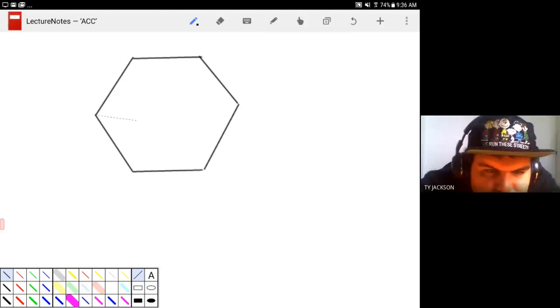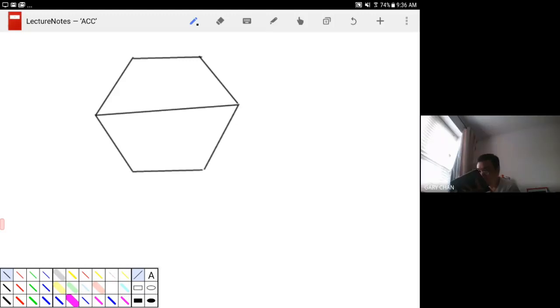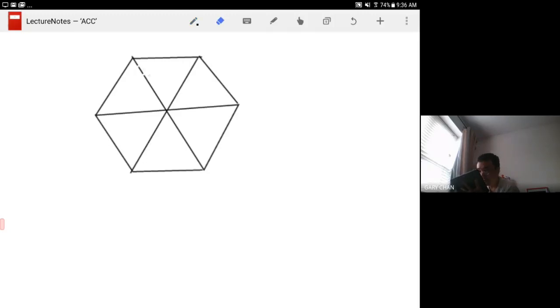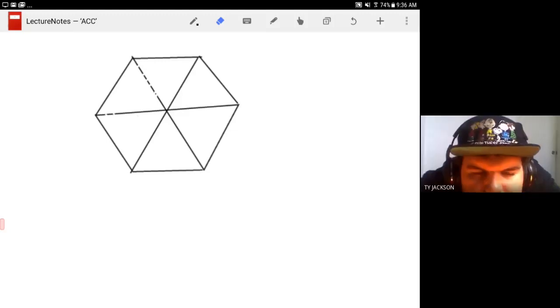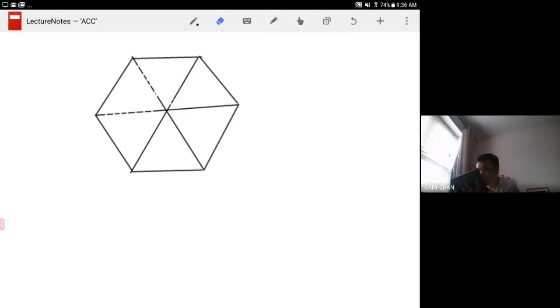I'm going to do something really similar here, and we can rely on some of the information that we figured out during today's enrichment session to help us find the area of a regular hexagon.